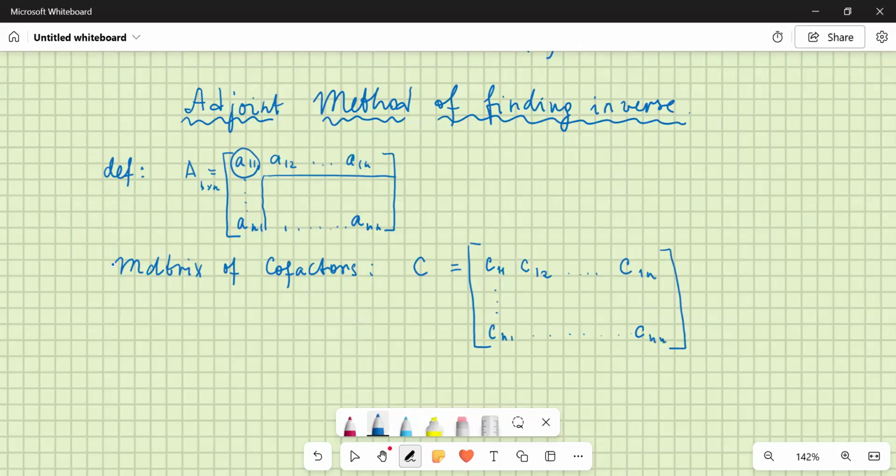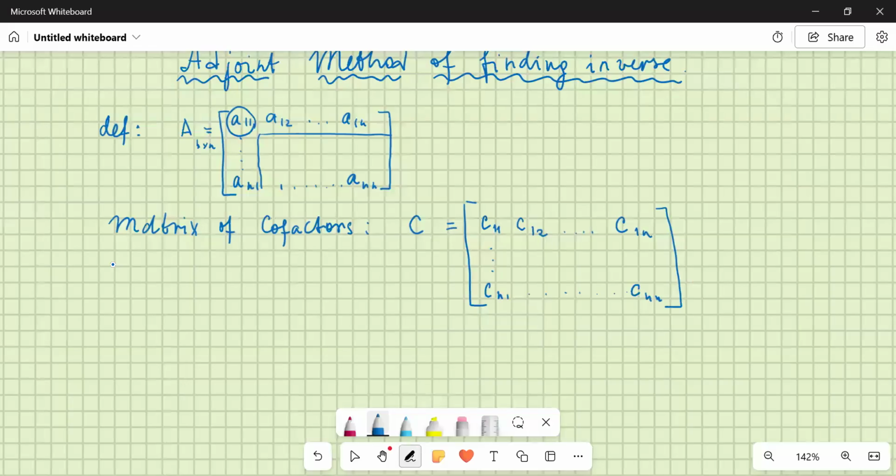Again, when do we use cofactors? We use cofactors to calculate the determinant, right? Let me remind you, because I'm afraid that you guys forgot it. The determinant of A expanded by the first row is a11 times C11 plus a12 times C12, and so on until you reach a1n times C1n.